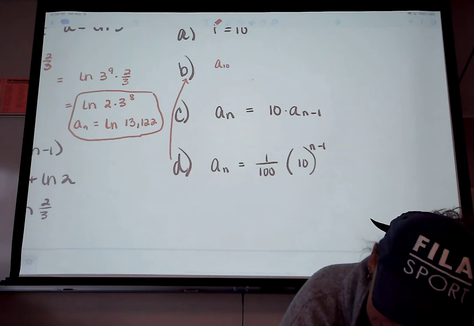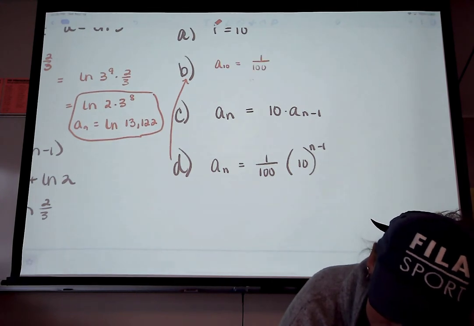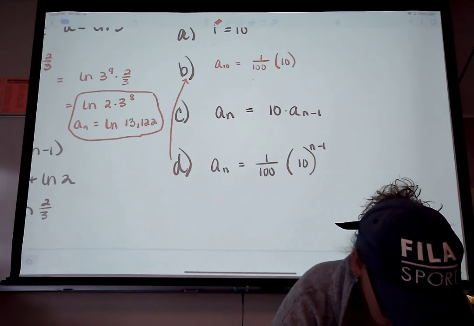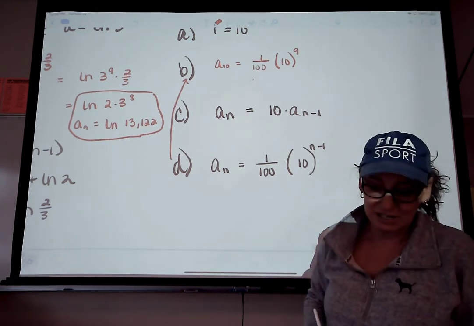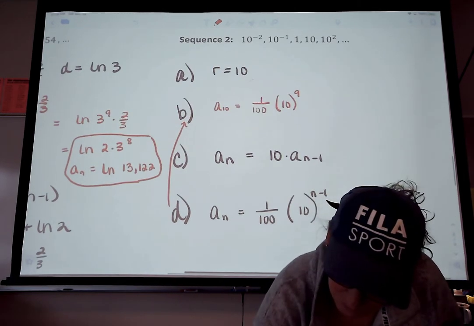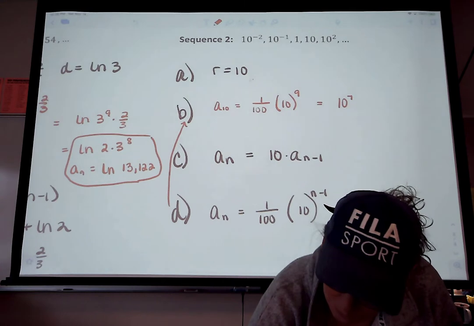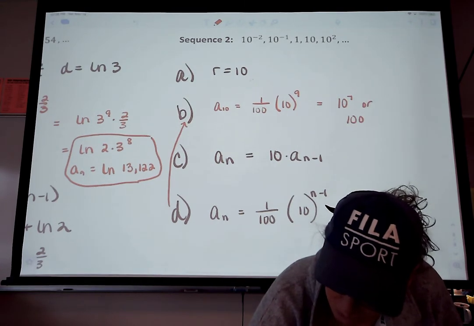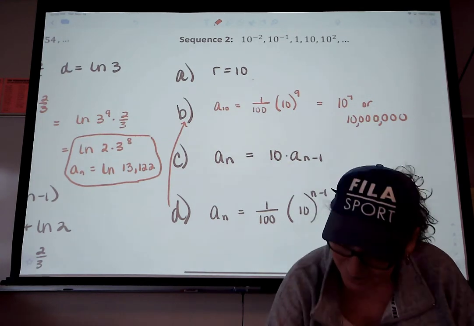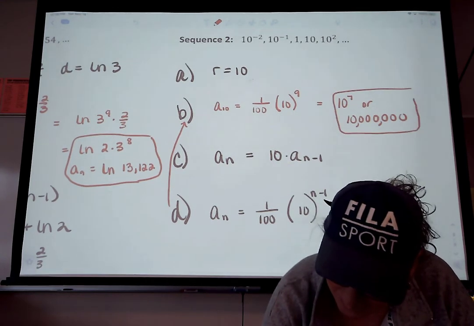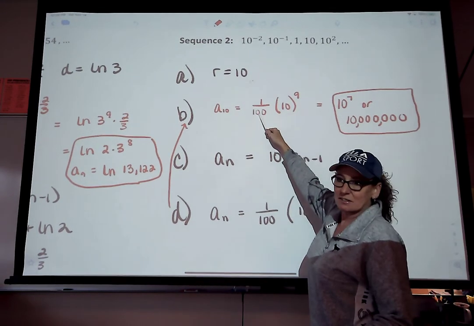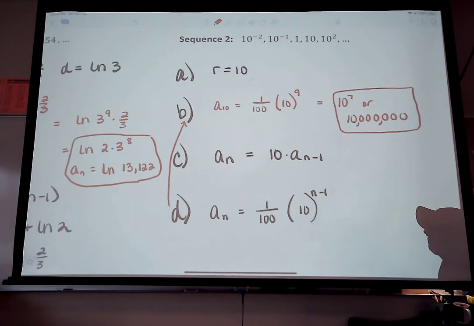So a sub 10, first term, times 10 to the 9th. And so I just took, this is to the 9th, this is to the 2nd. Just canceled out 2 of those, and that's what I got.